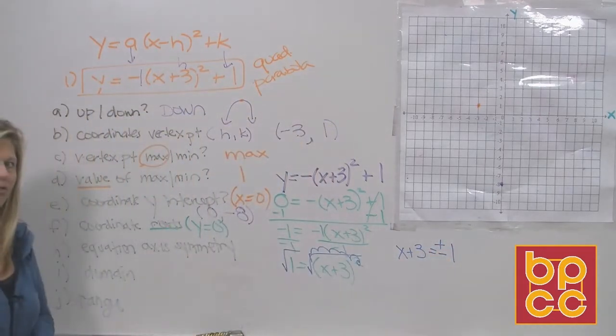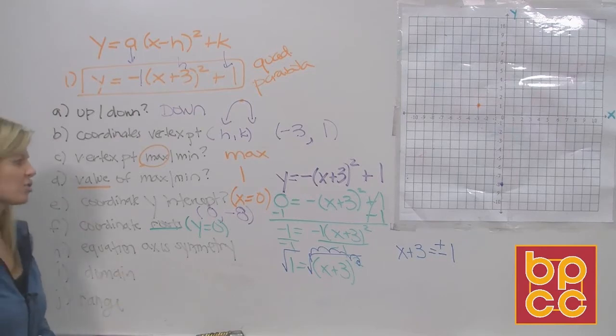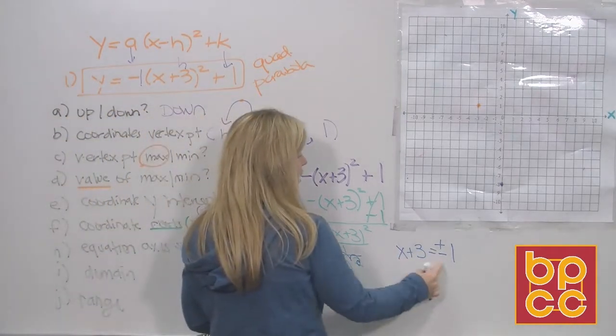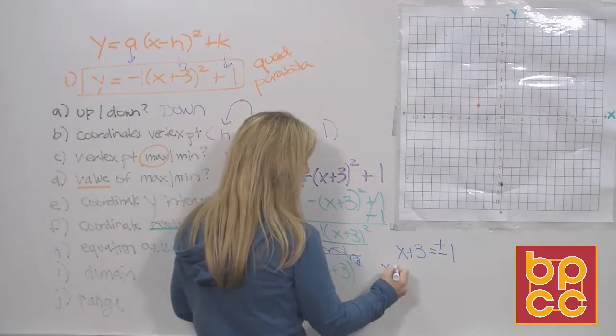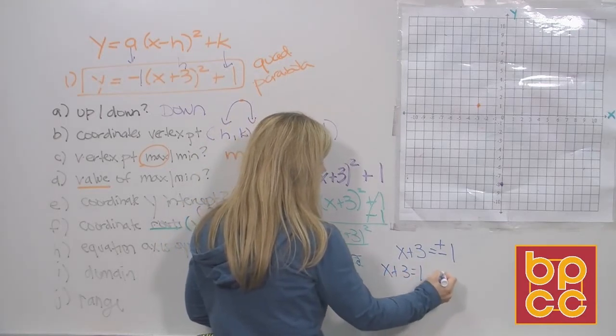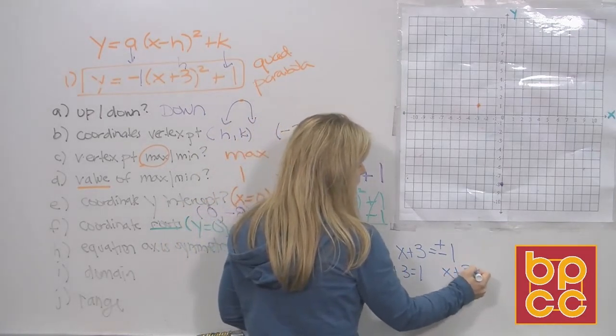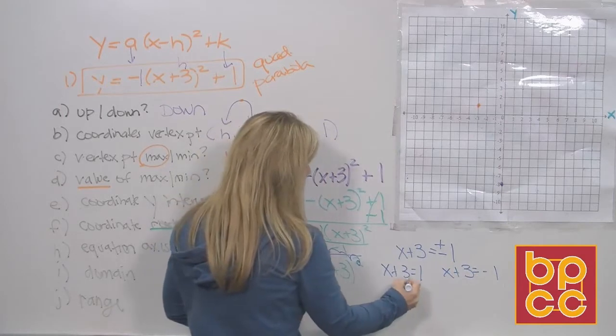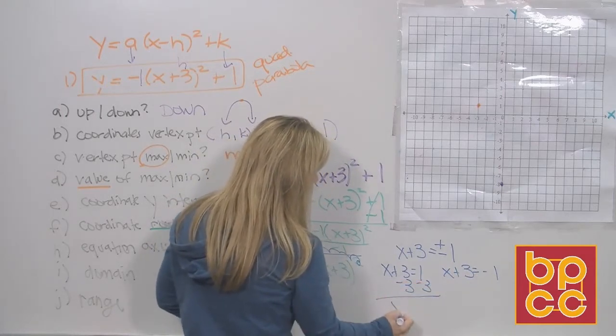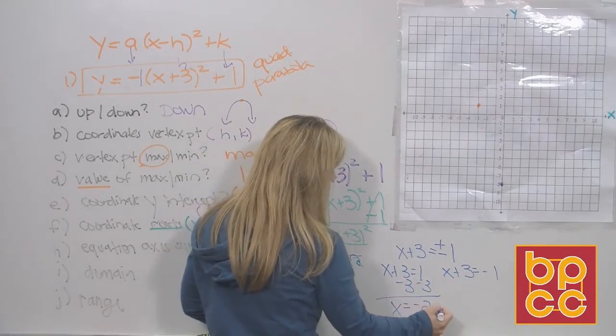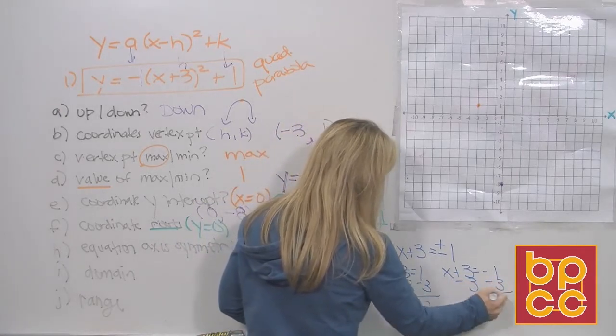That's a blast from the past. We're not solving one equation here, we're solving 2. We have x plus 3 equals 1. X plus 3 equals negative 1. And then we'll subtract 3. X equals negative 2. We'll subtract 3. X equals negative 4.